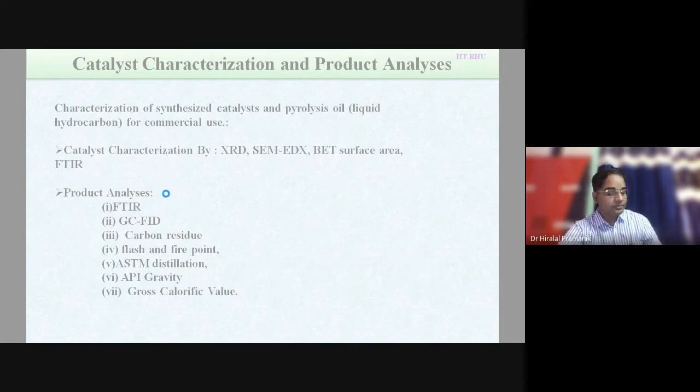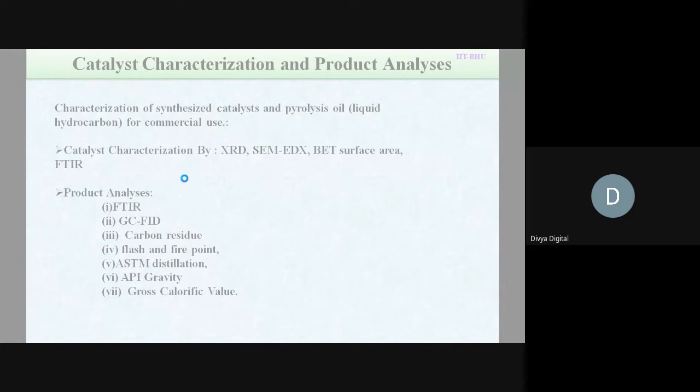What happened? I'm sorry, there is some problem. My screen is visible. Excuse me. Yes, sir. Screen is visible, but it is not working, I guess.